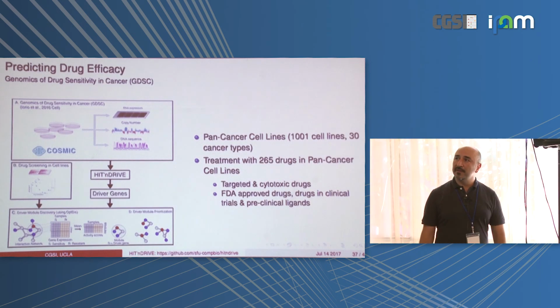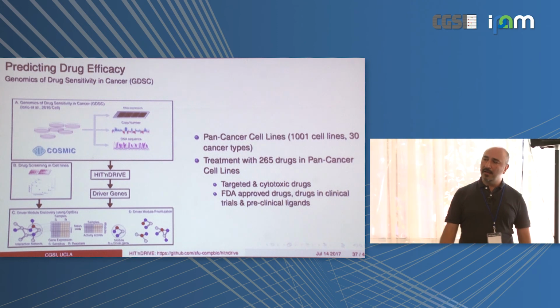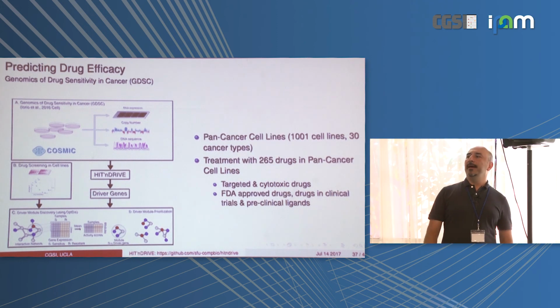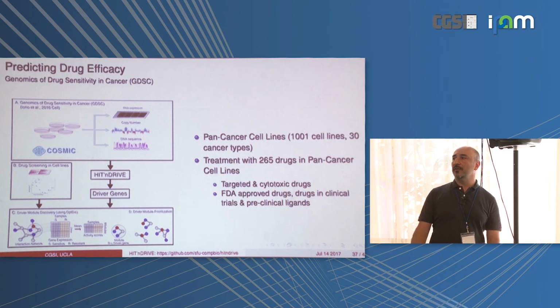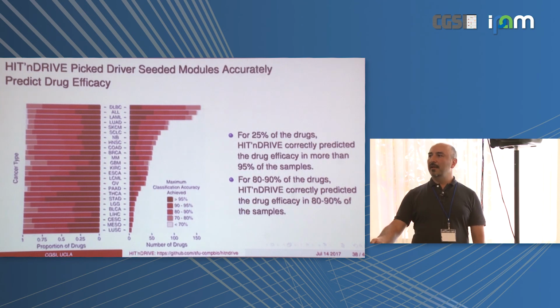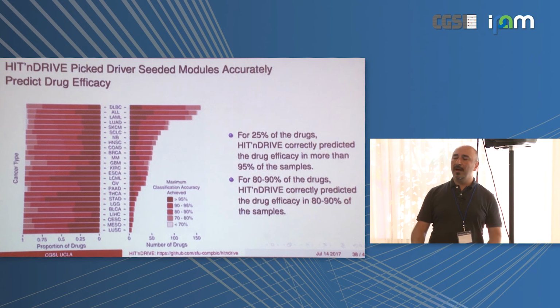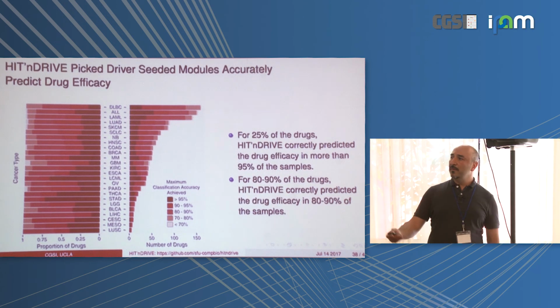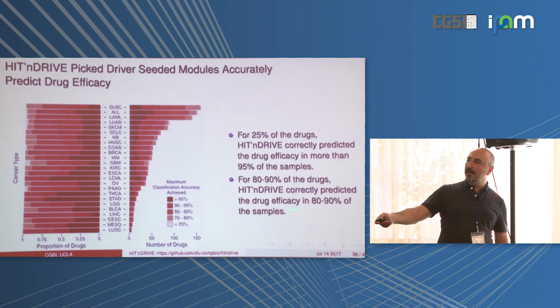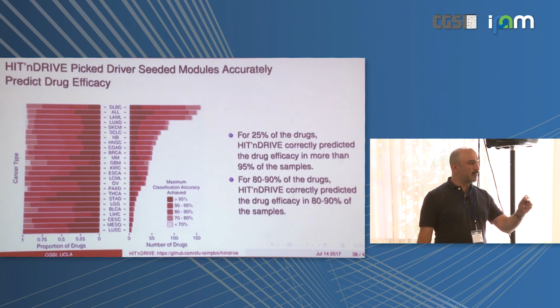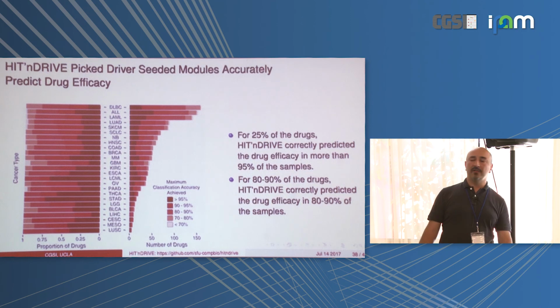And finally, coming back to the drug efficacy study, we can reasonably well identify whether a particular drug, based on its target, would work in a particular patient or not. This is just a plot on how well we do. For 80 to 90% of the drugs tested in the study, HIT'nDRIVE correctly predicts the drug efficacy in 80 to 90% of the samples.